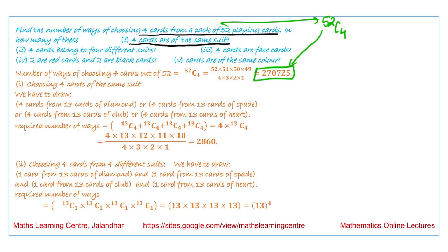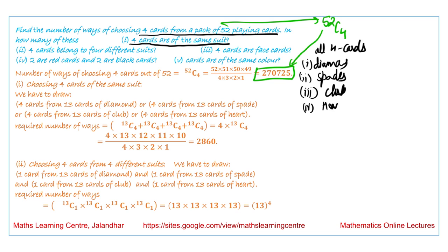When we are talking about the same suit, we have 13 cards of each suit. Suppose all four cards are diamonds in the first case, in the second case they can be spades, in the third case clubs, and in the fourth case hearts.